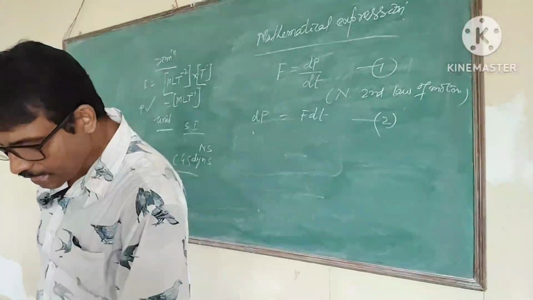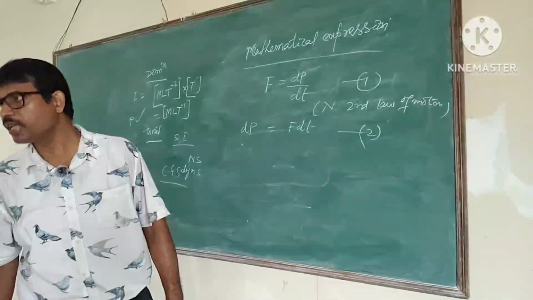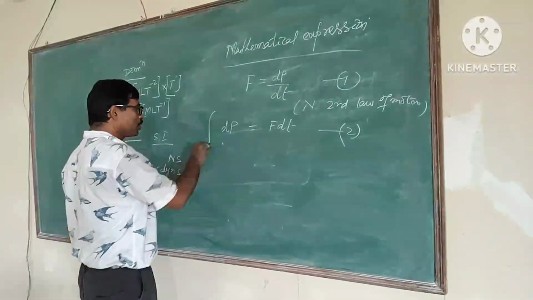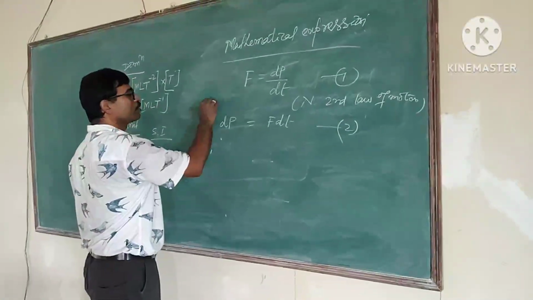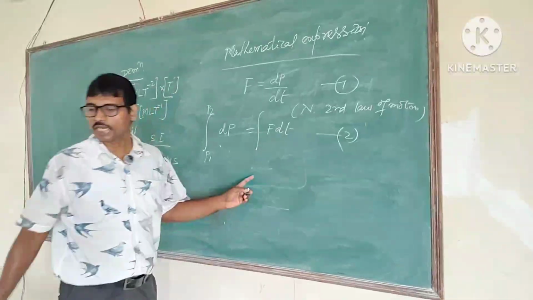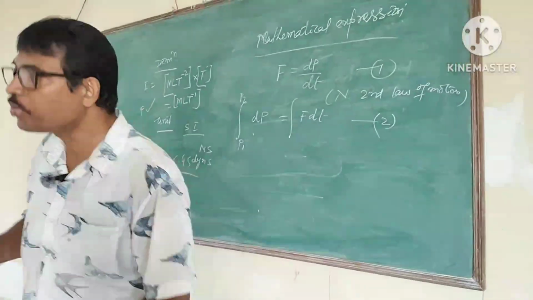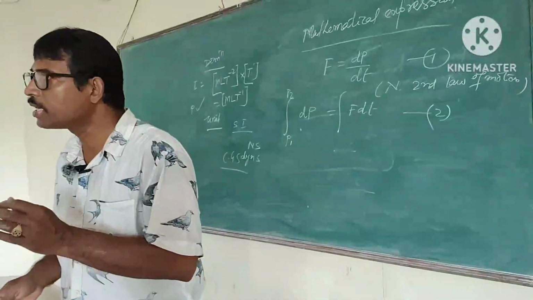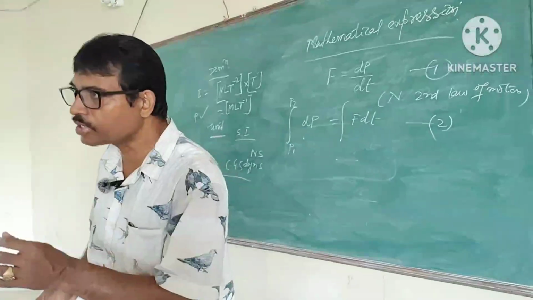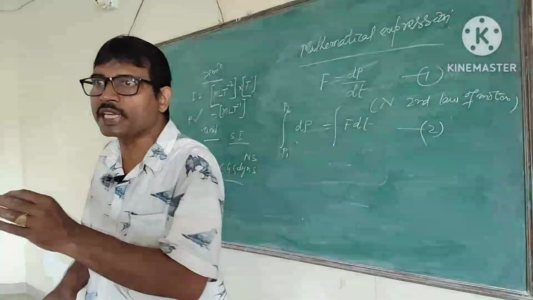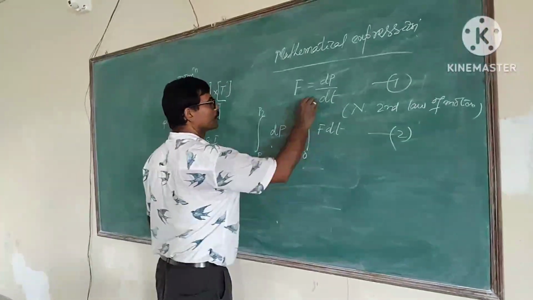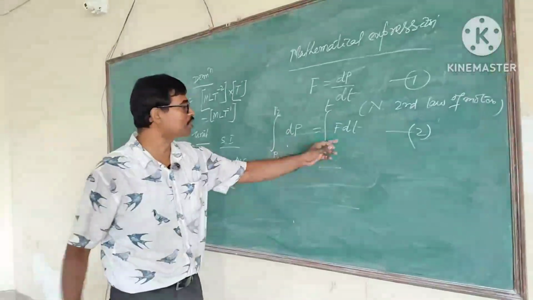Now integrating within the limits, P1 to P2, your impulsive force is the product of force and time. It does not remain constant, 0 to maximum or maximum to 0. So time goes from 0 to T. Now it is a constant value.